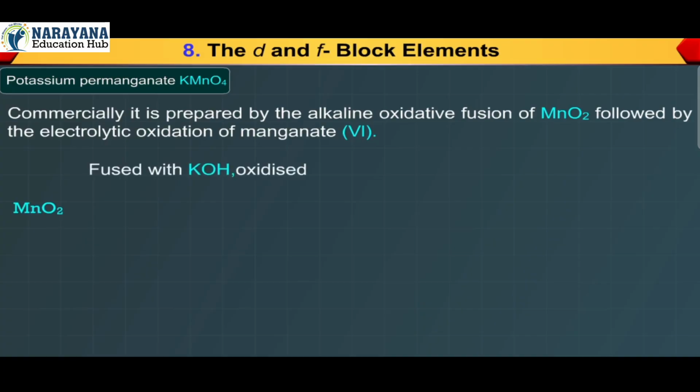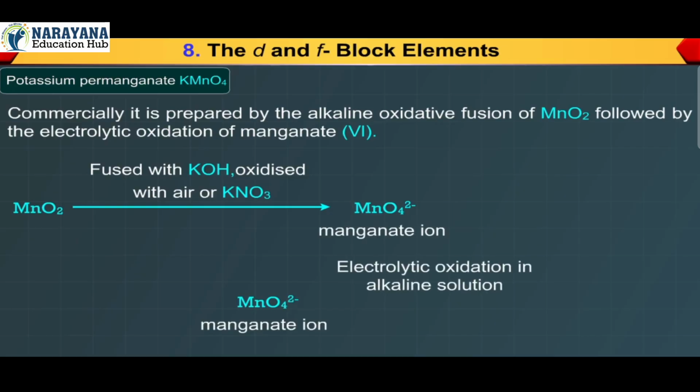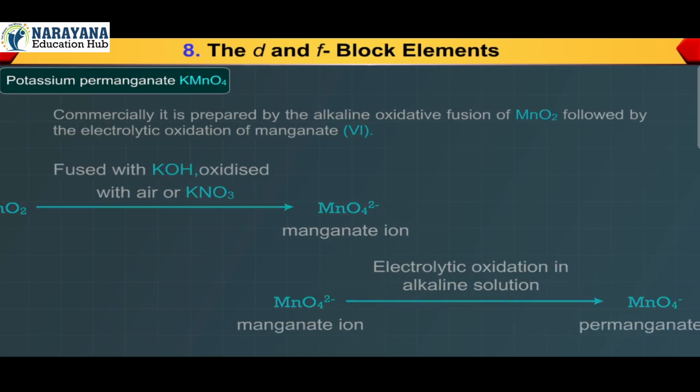MnO2 fused with KOH and oxidized with air or KNO3 gives the MnO4^2- manganate ion. The manganate ion on electrolytic oxidation in alkaline solution gives the MnO4- permanganate ion.